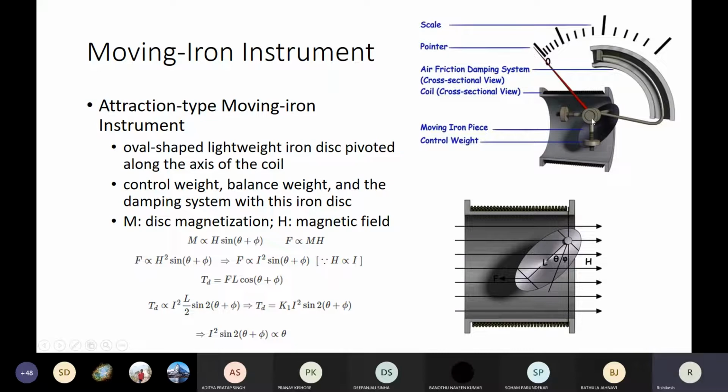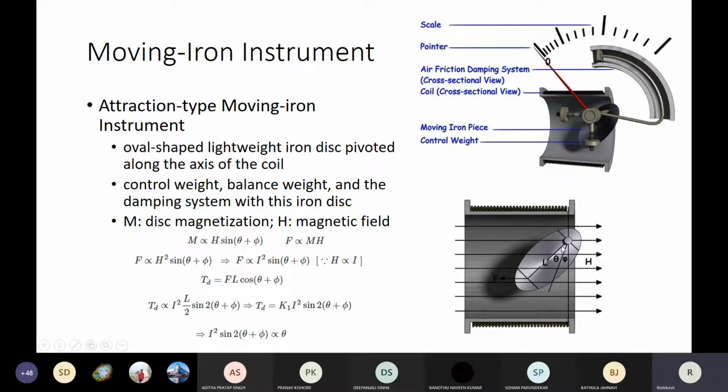Now, depending on the magnetic field, we know that the movement of the moving iron piece will occur. Now, how do we quantify that? In fact, the moving iron piece will get magnetized depending on the magnetic field generated by the current flowing through the coil. So let's say H represents the magnetic field generated by the coil, then the disc magnetization M is proportional to the magnetic field into sine of the deflection angle theta plus the angle which this iron piece makes when there is no movement.